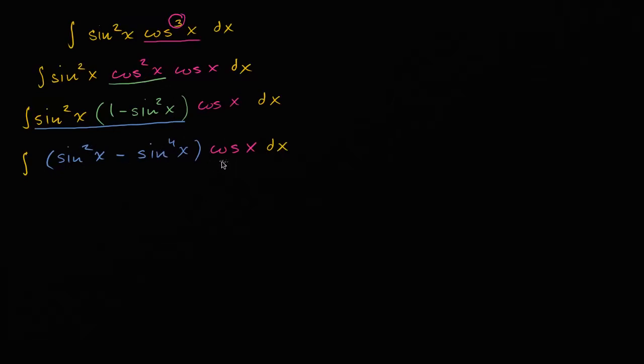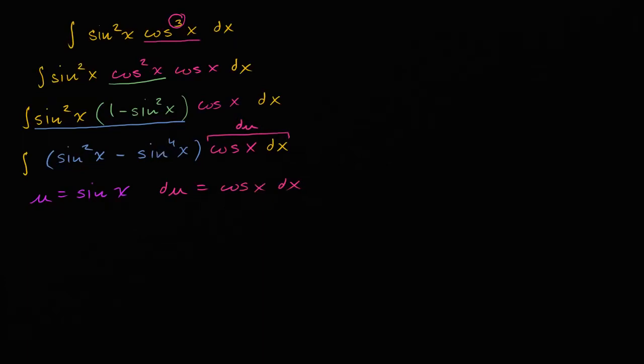And so u substitution works out quite well now, because if we say that u is equal to sine of x, then du is going to be equal to cosine of x dx. And that works out quite well because we have the du right over here, and then this would be u squared minus u to the fourth, which we know how to take the antiderivative of.